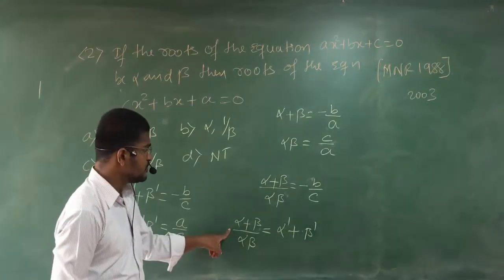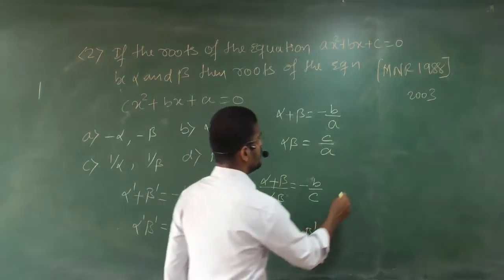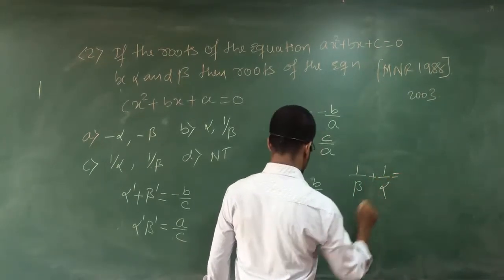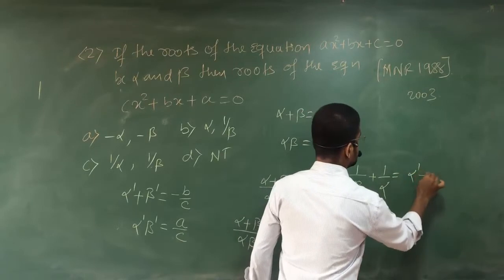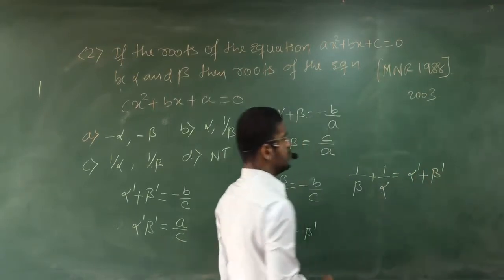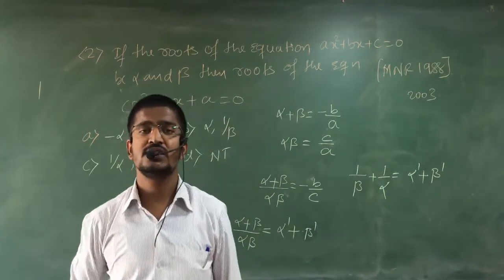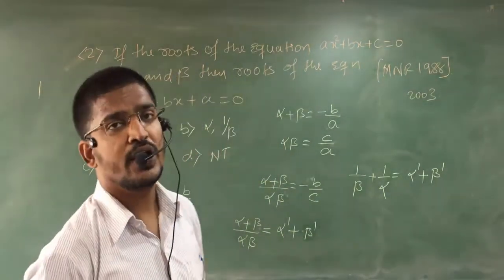So now if I simplify this further, it will be 1 by beta plus 1 by alpha equal to alpha dash plus beta dash. Clear, students? So from this, now you got your answer by comparing component wise.